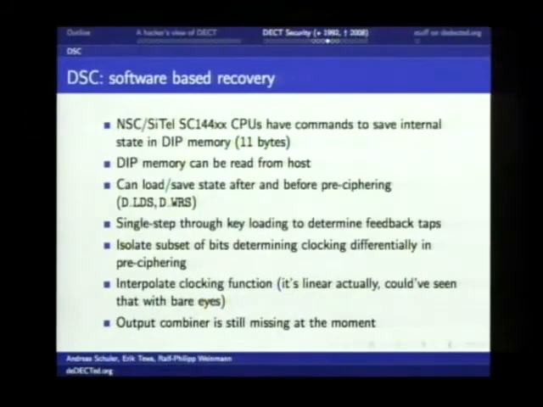So what this allowed us to do was to single step through the key loading of this stream cipher to determine the feedback taps. This was already done by the other hardware people, but just to verify that these were correct, and also because I wasn't able to read the output properly.